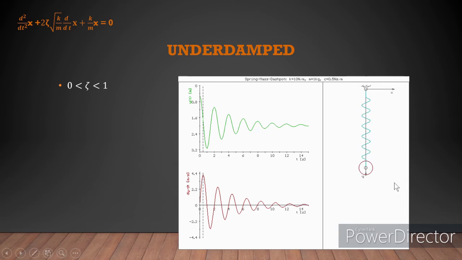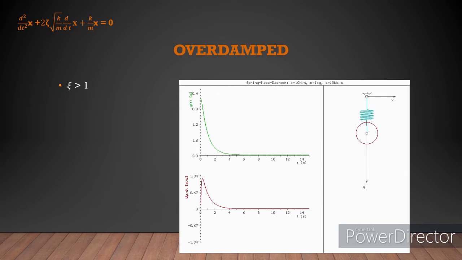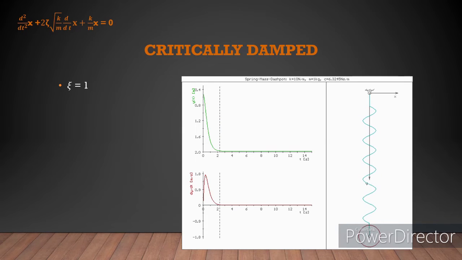And this is the video. Third is overdamped, which occurs for zeta greater than 1. So this is the video. Last is critically damped, which occurs for zeta equal to 1.